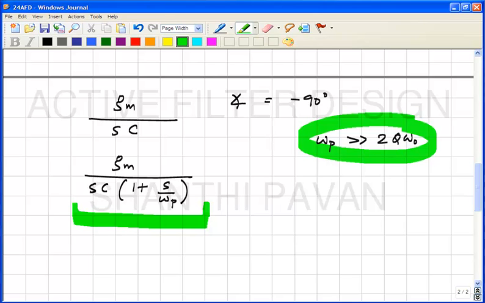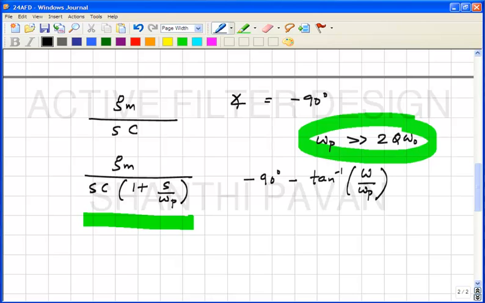So what do you think is the phase of this integrator? I mean, the so-called integrator. The phase of this integrator is no longer minus 90 degrees, but minus 90 minus tan inverse omega by omega p.